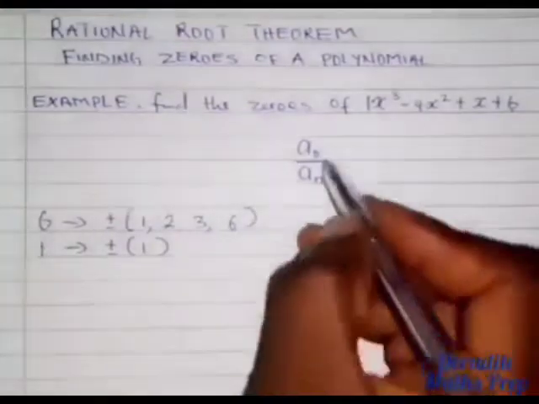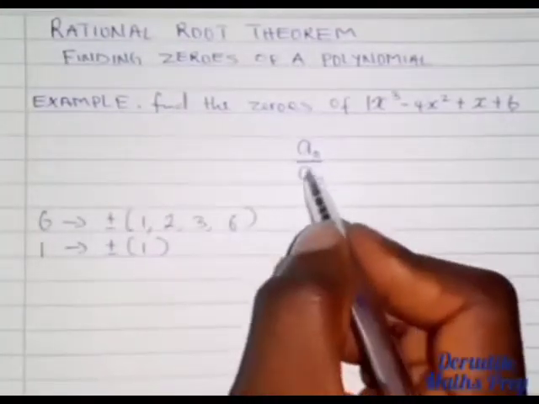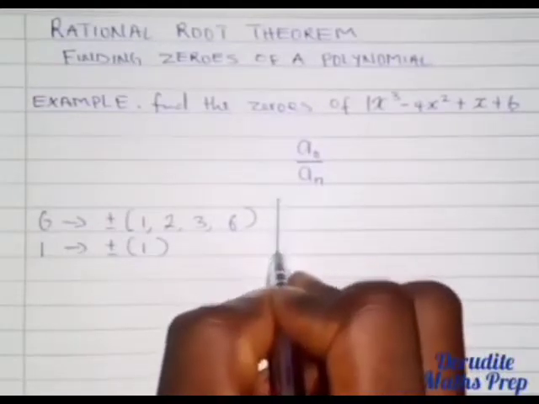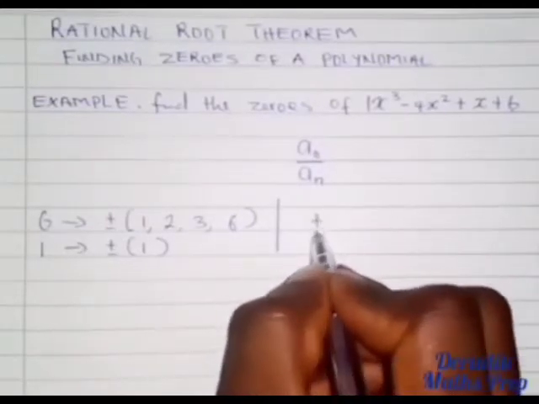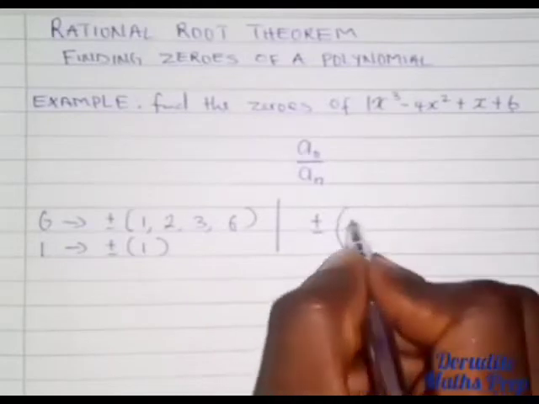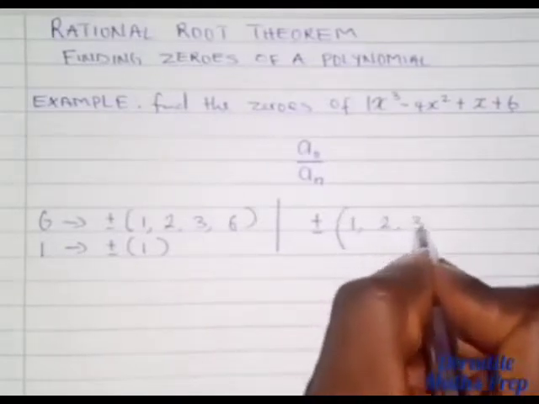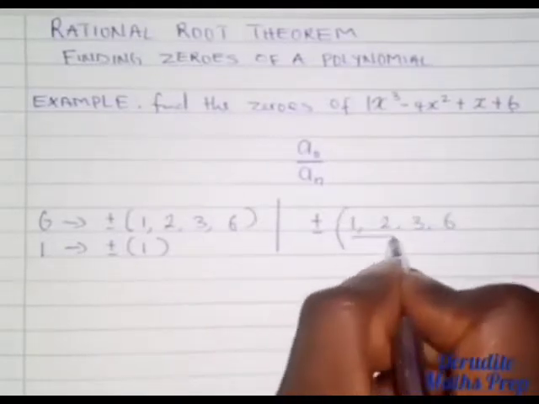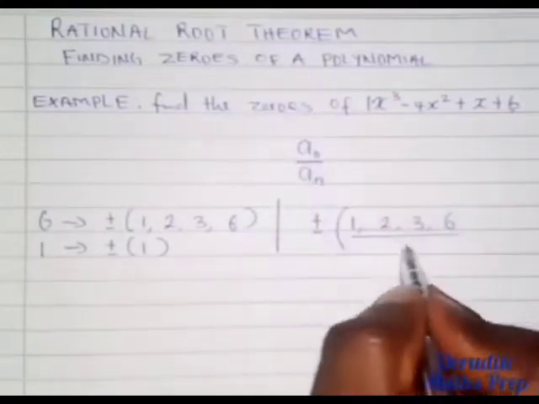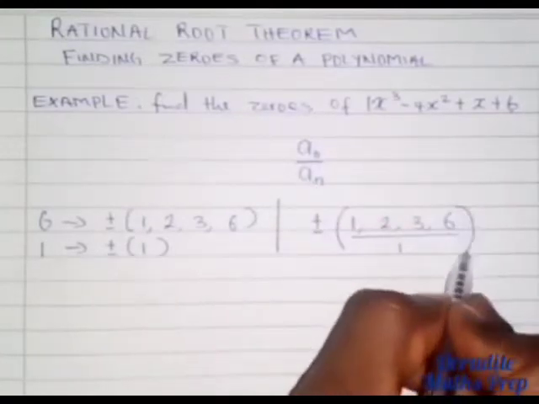Then we just need to express each of these factors in this term. So let's express them. The factors are plus or minus, in brackets, 1, 2, 3, and 6, everything divided by the factors of a sub n, which is just 1. We close the bracket.